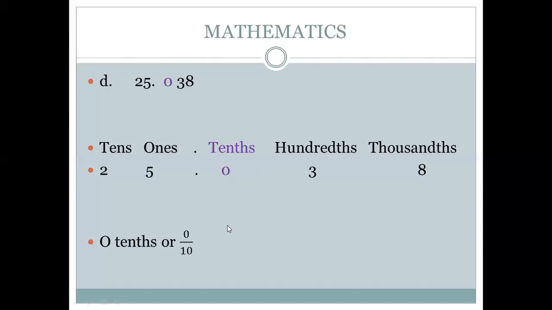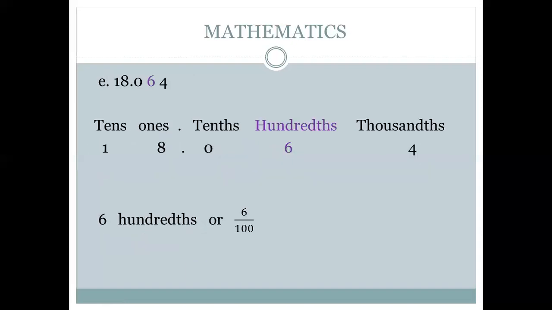Clear? Now come to part E. Again the decimal portion. 18 is before the decimal, 2 digits are before the decimal and 3 digits are after the decimal. Again it means our table starts from thousandths, hundredths, tenths, then decimal, then ones and tens.